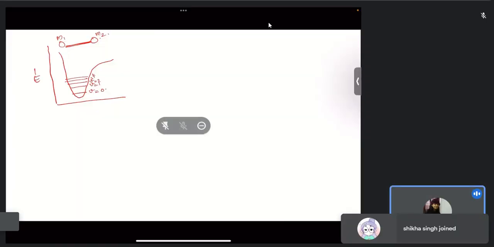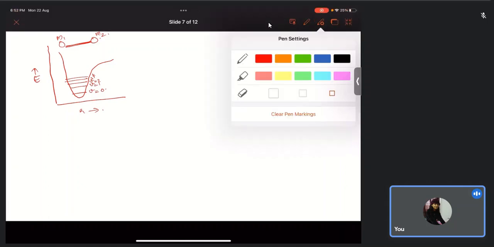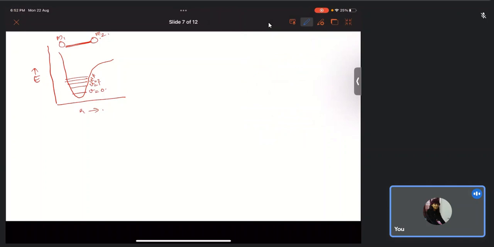So where this is E and this is R. Yeah, so the energy at V is equal to 0, which is E of 0, is zero point energy. So energy of this particular level is zero point energy.